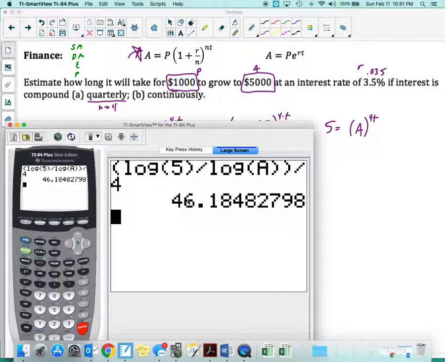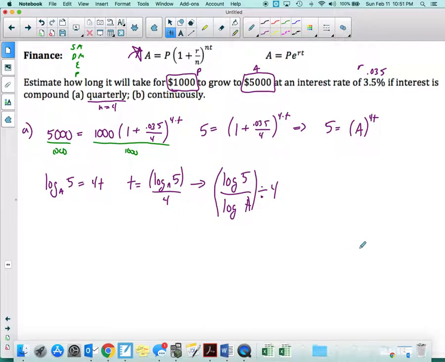So I get 46.2 years. So that's a pretty long time for that money to have to sit in that account. But you are asking it to be 5 times greater than when you put it in, without doing anything else to it.